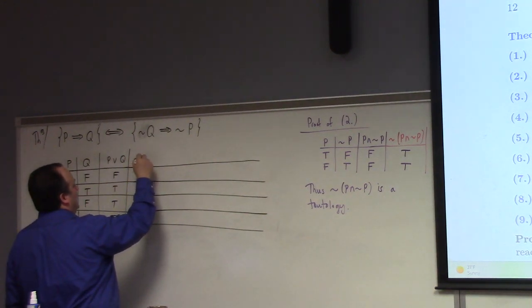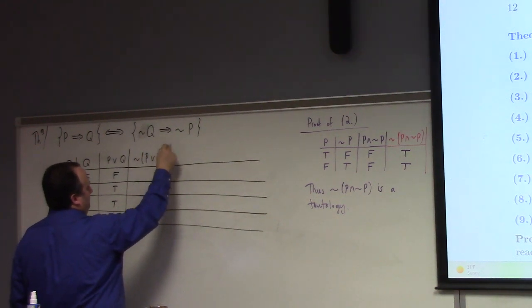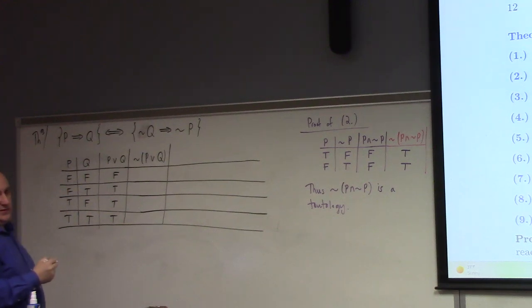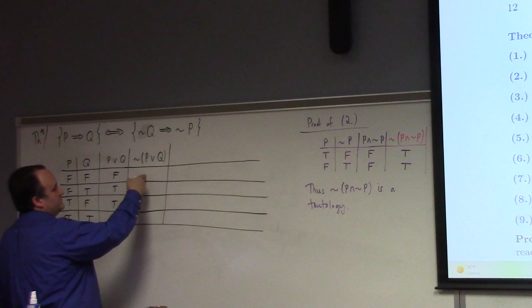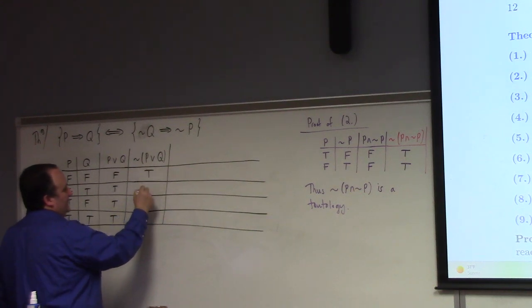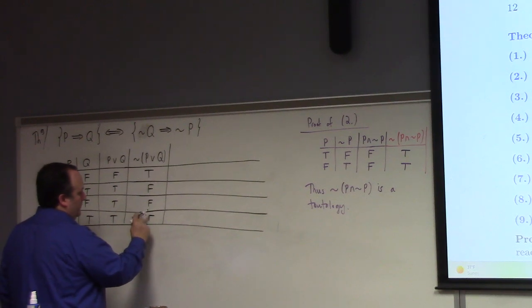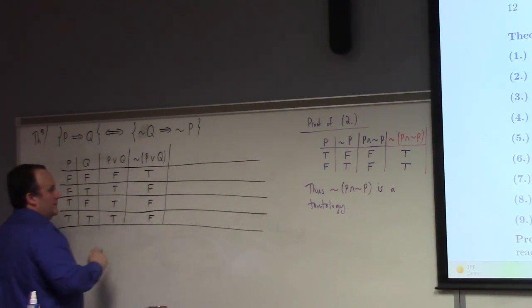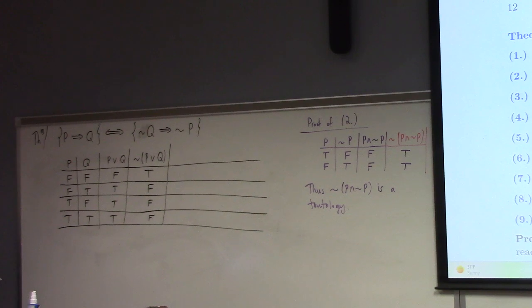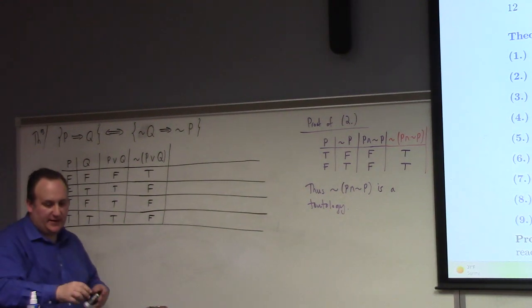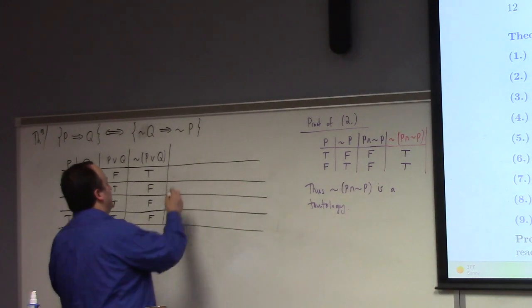Let's look at not (P or Q). How's that go? Not (P or Q) gives us what? True, false, false, false. Very good. Let's see here. What else can we do? Well, let's look at not P and not Q. We'll make those our next two columns.